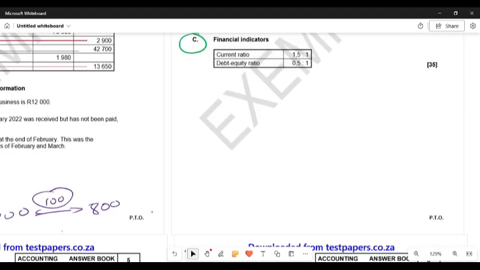You're going to use your financial indicators, to be precise, the current ratio. Remember, you need to know the formulas for this. What exactly is your current ratio? Current assets divided by current liabilities. We're going to get our current ratio of 1,5, right?